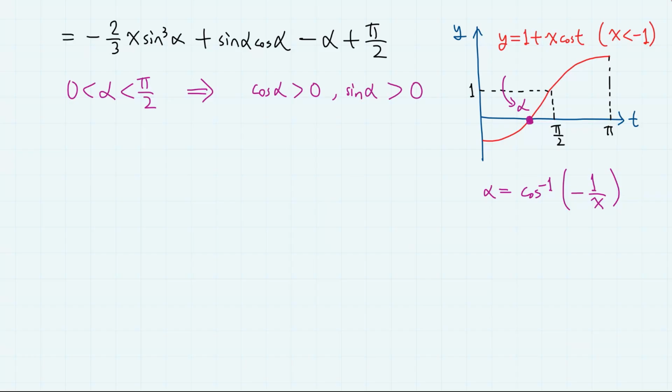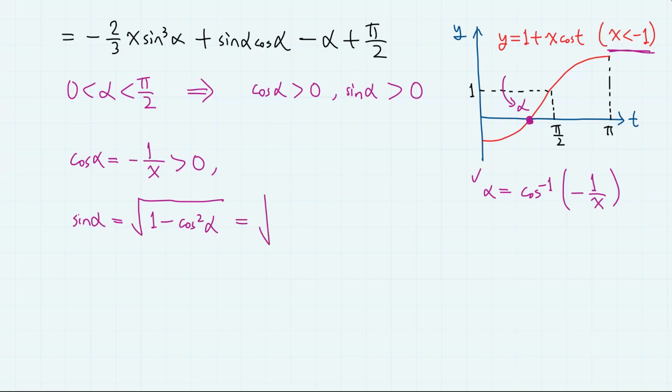Keep in mind that now we have the range x is less than -1. So from here, cosine alpha is -1 over x, which is positive by the way, and sine alpha is taking the positive square root of 1 minus cosine squared alpha, so square root of 1 minus 1 over x squared, so square root of x squared minus 1 over x squared.